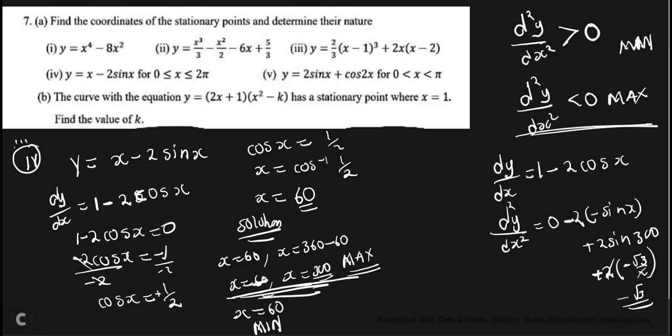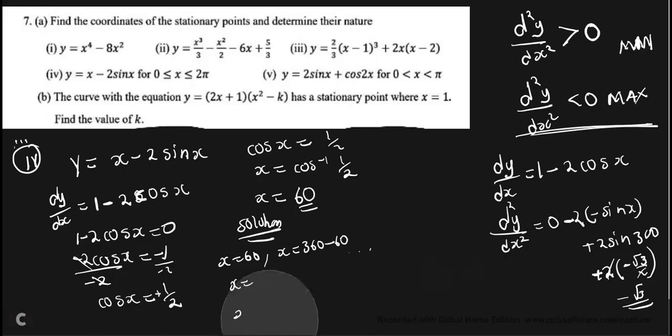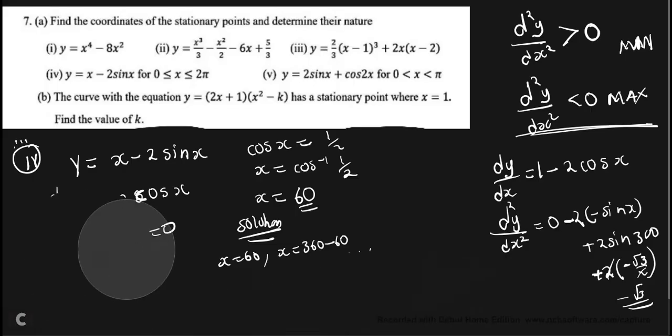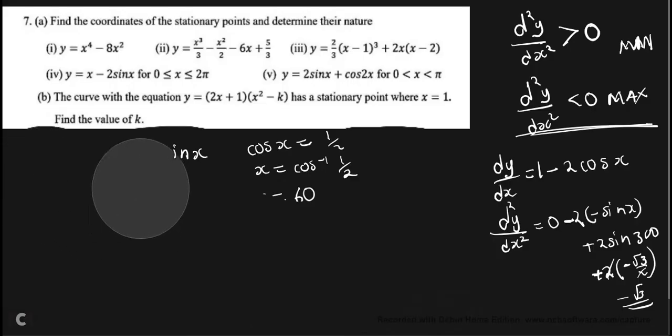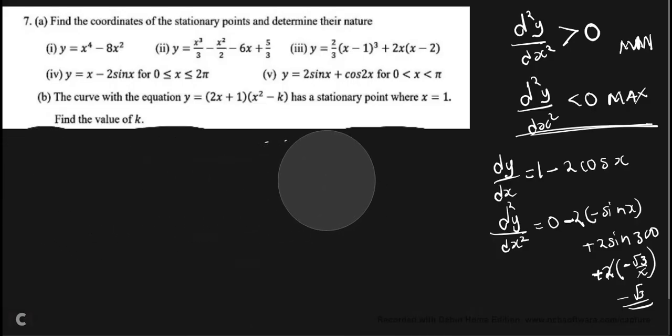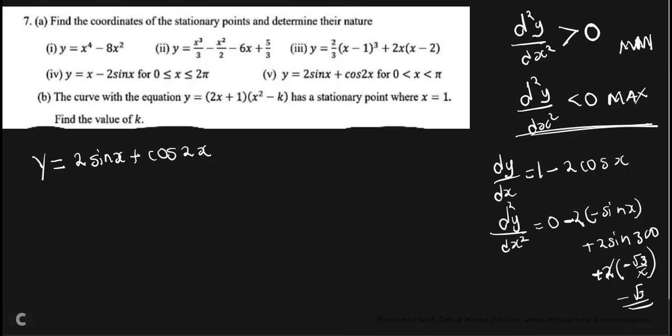Question 5. Let's do question 5. So question 5, y equals 2 sine x plus cos 2x, like that, right?